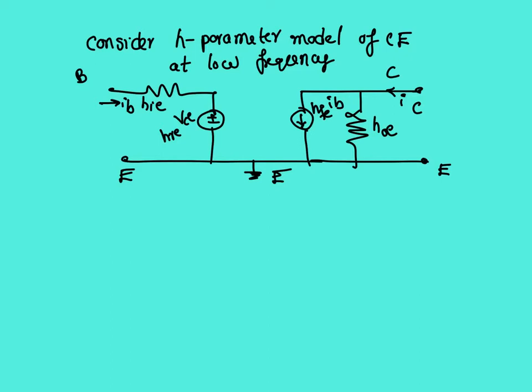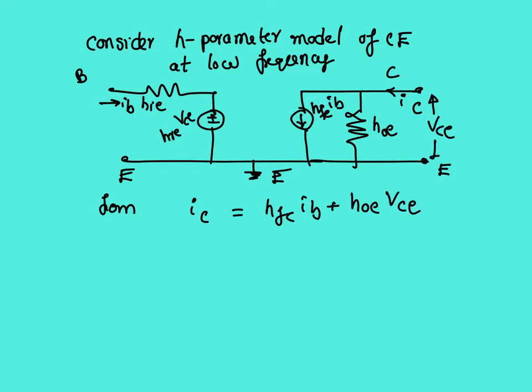Consider the h parameter model of a CE configuration at low frequency, and here consider IB is the input current and IC is the collector current and the emitter is grounded. HIE is the input impedance, HRE VC is the voltage source, HFE IB is the current source, HOE is the output admittance. From this circuit, IC is equal to HFE into IB plus HOE into VCE.